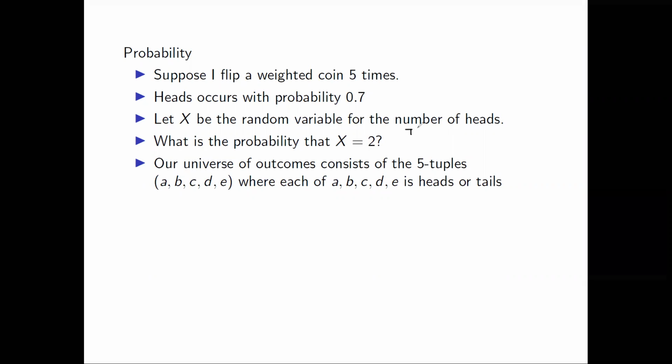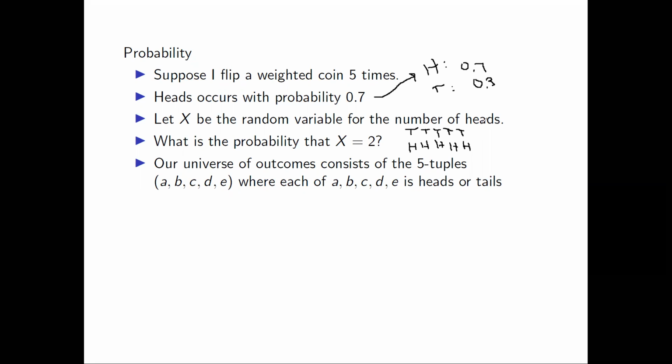So we can look at, for example, the outcome tail, tail, tail, tail, tail, and the outcome head, head, head, head, head. So what's the probability of tail, tail, tail, tail, tail? So tails happens with probability 0.3 because it has to add to 1 with the probability of heads. And we assumed the heads was probability 0.7.